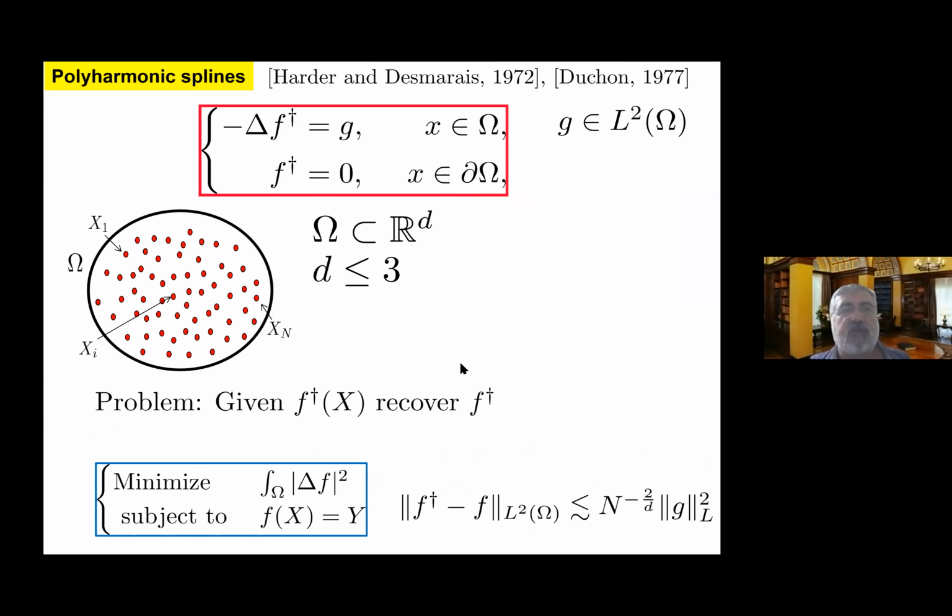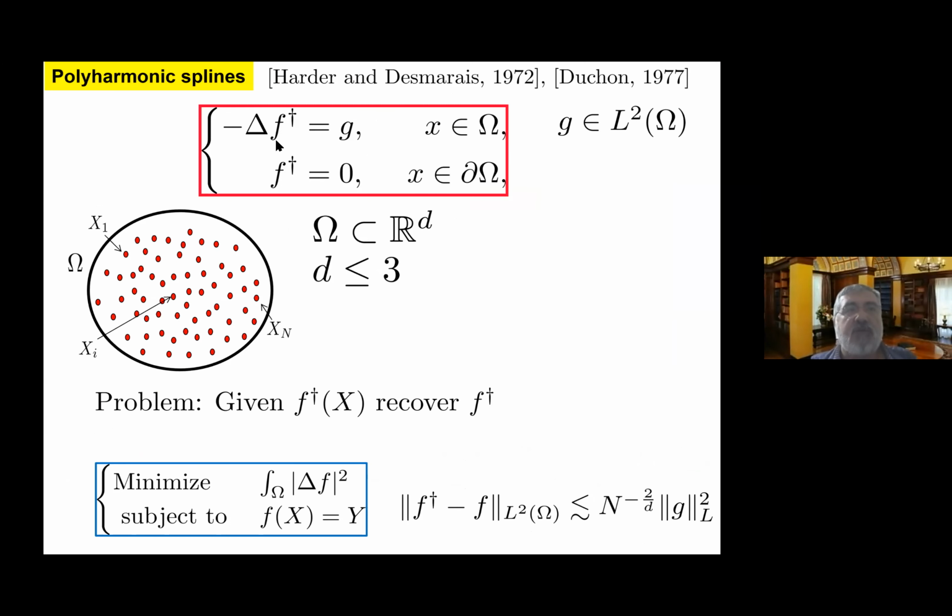This is also true for the polyharmonic splines of Harder, Desmarais, and Duchon, which can be identified as optimal recovery splines. To describe this, consider the problem of approximating the solution F dagger of the following PDE with an unknown right-hand side in L2.